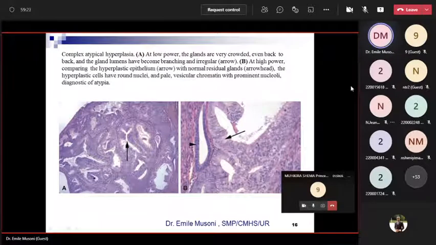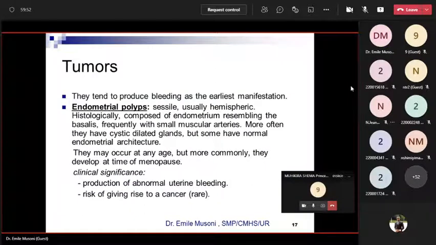For this one, it is a complex atypical hyperplasia. You see, it is like you don't see the stroma. The gland has changed shape, and there is an increase of cells. So this one is complex atypical hyperplasia, and this one can lead to cancer.